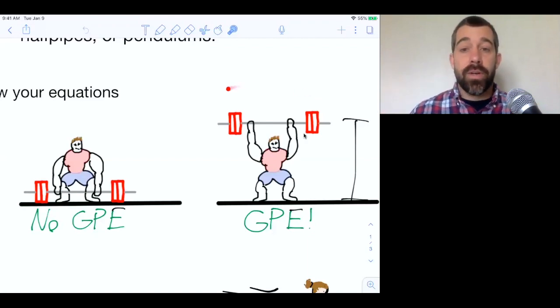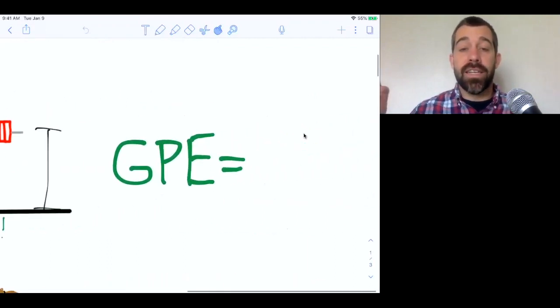In this other situation over here, we've got our guy with the weight lifted above the ground, and you can see I've highlighted that height right here, and we're saying that he does have gravitational potential energy. What this brings us to is a reminder of the ingredients for gravitational potential energy.